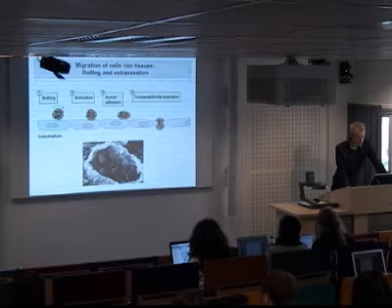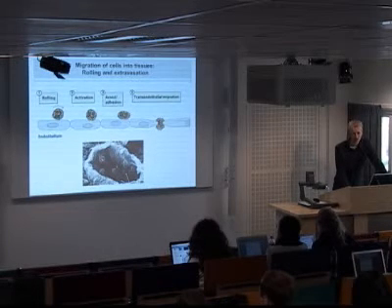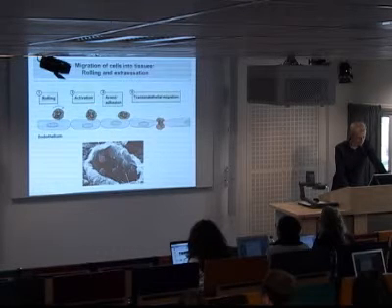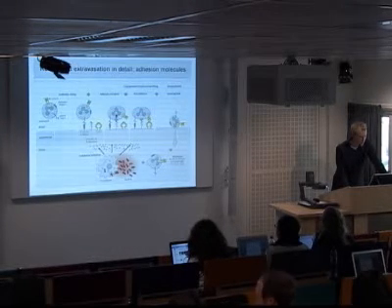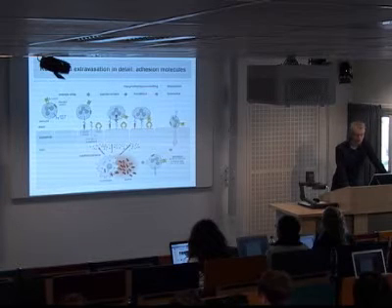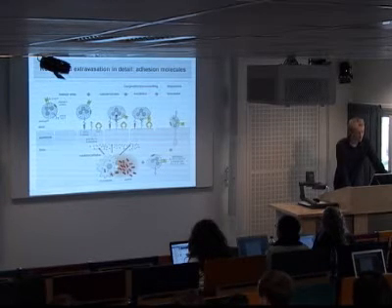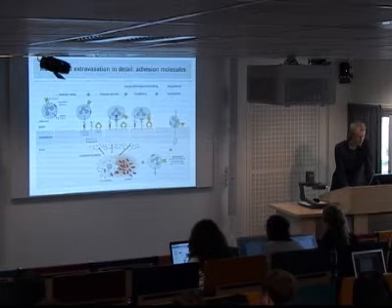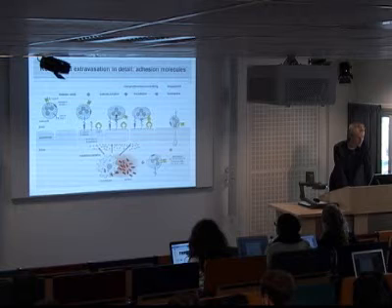So this is the blood vessel, and there are lots of immune cells stopped on the endothelial cells of this vessel. If you go a bit more into detail, you can see that various adhesion molecules are involved and important. These adhesion molecules are upregulated by the endothelial cells.